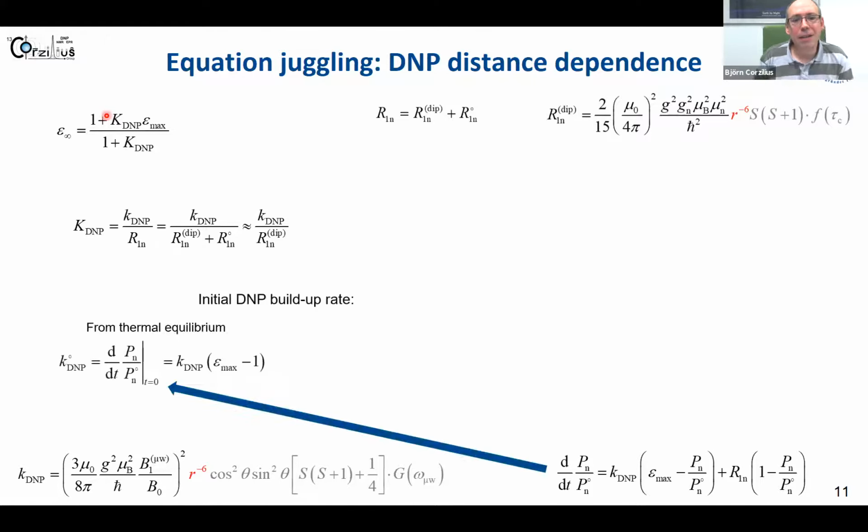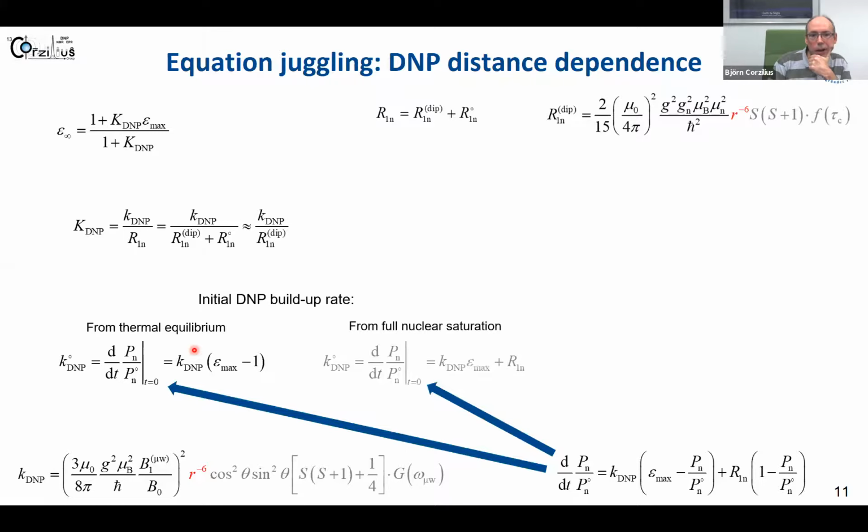If we look at the initial DNP buildup rate, so we analyze this equation here at the initial time point, t equals 0, then we find that this initial DNP rate only depends on the DNP rate constant and not on the relaxation. And now we have here practically our distance dependence.